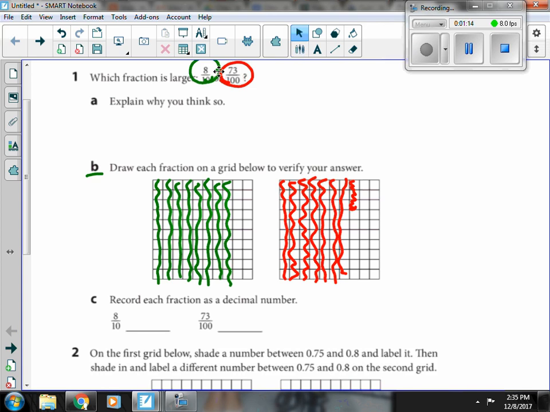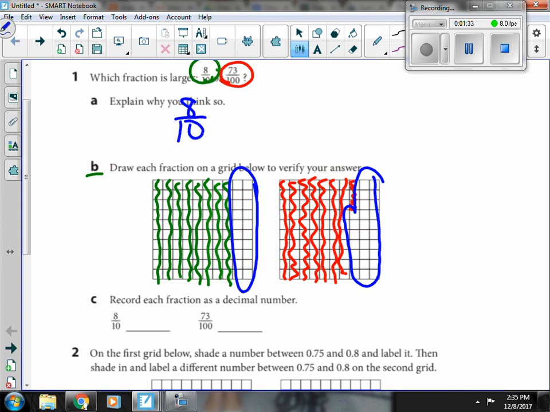So I can see that this one has 2 rows not filled in. And this one has 2 rows not filled in and part of this 3rd row not filled in. So more of 8/10 is shaded because it uses more squares. It uses 80 squares instead of 73.